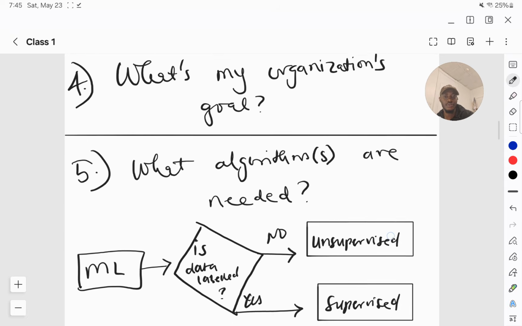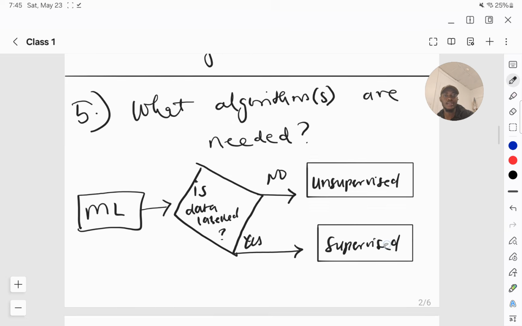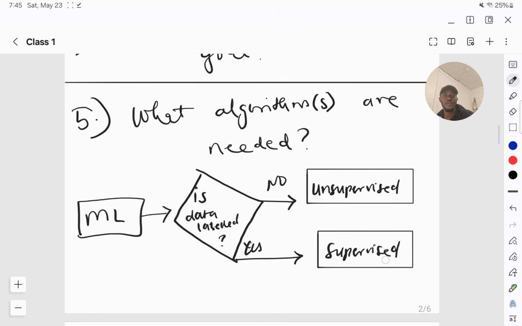So what's my organization's goal? Like we already said, we can now say what algorithms are needed. We can choose our algorithms based on the type of machine learning technique. So if the data is unlabeled, you use an unsupervised algorithm.